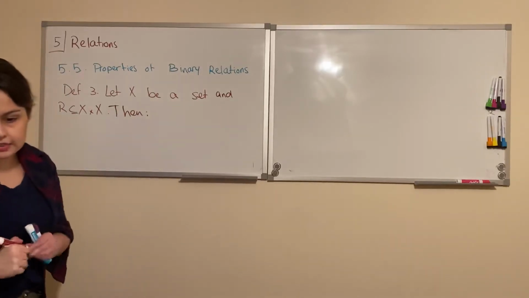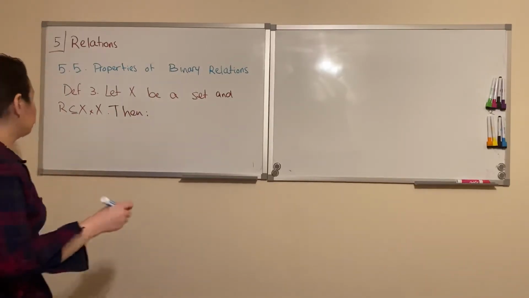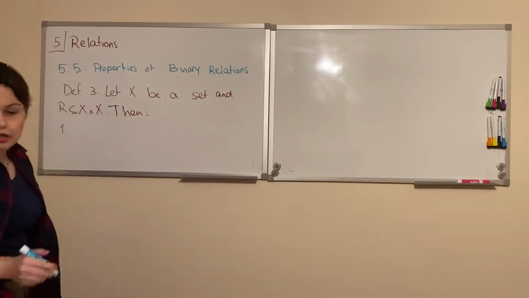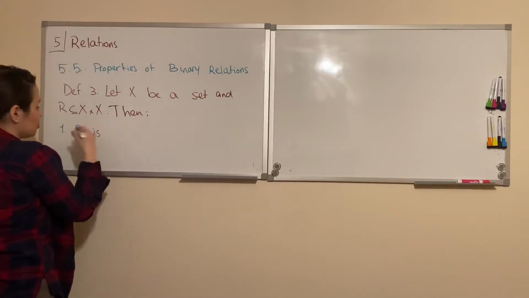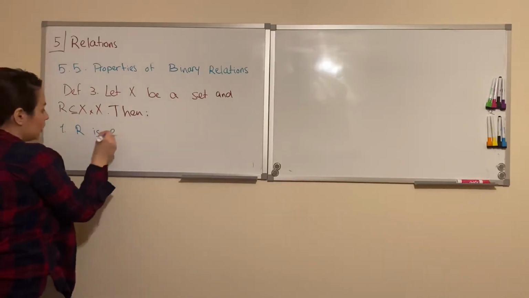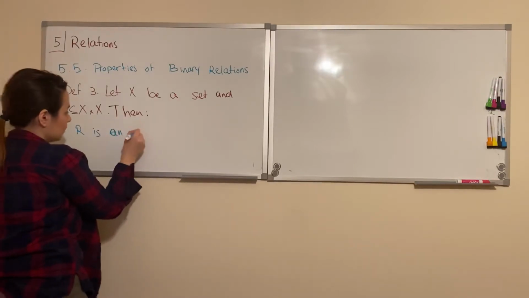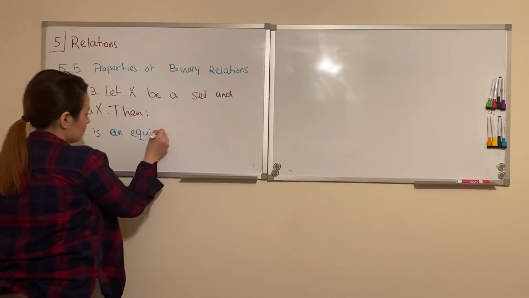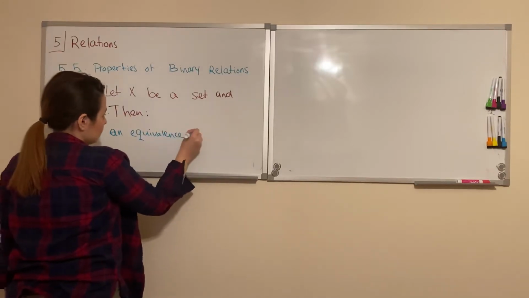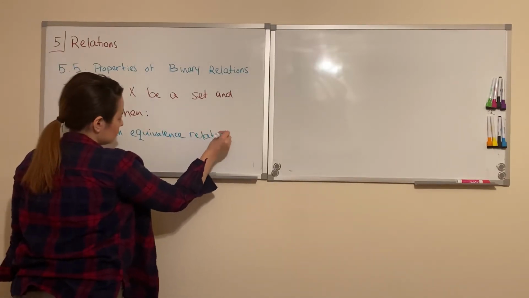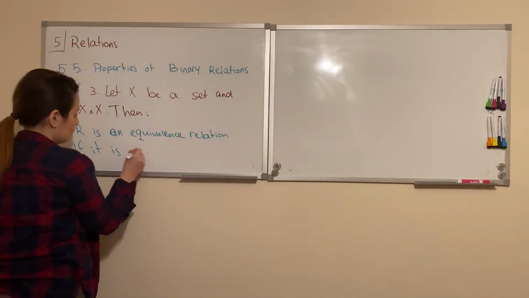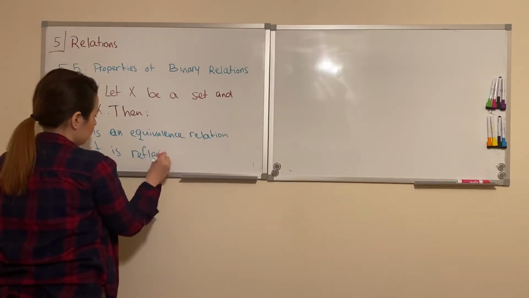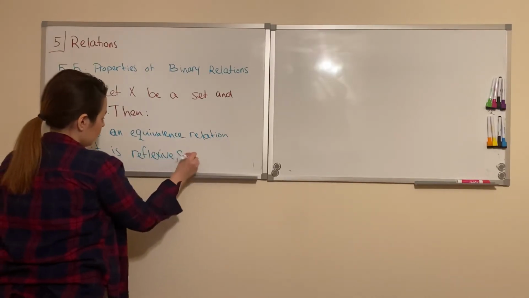Then we have these 6, but actually we need you to know 3 of them. 1, R is an equivalence relation. So we call the relation R an equivalence relation if it is reflexive, symmetric, and transitive.